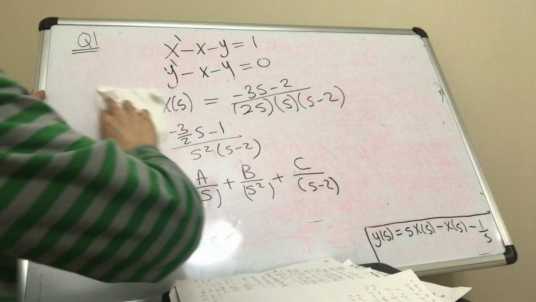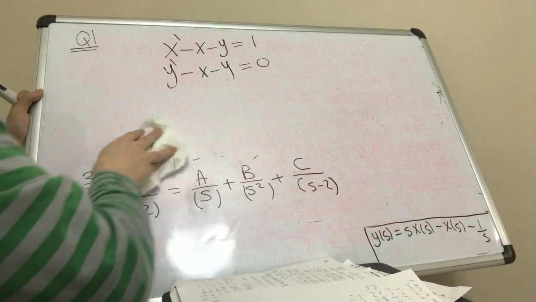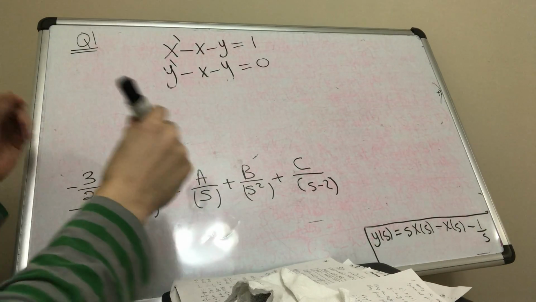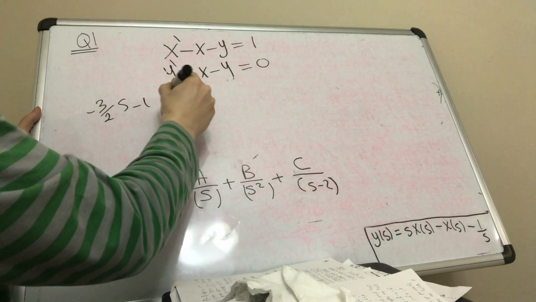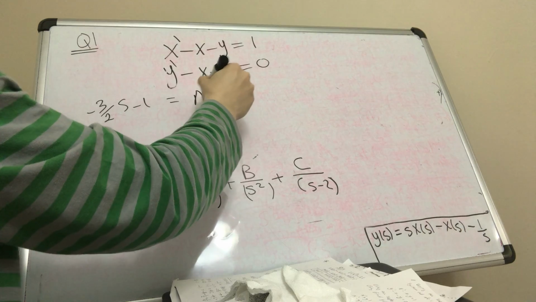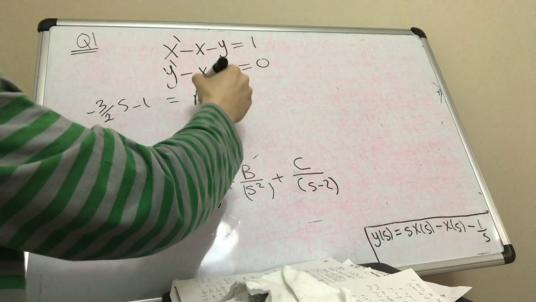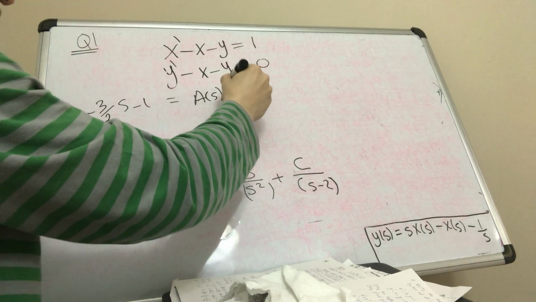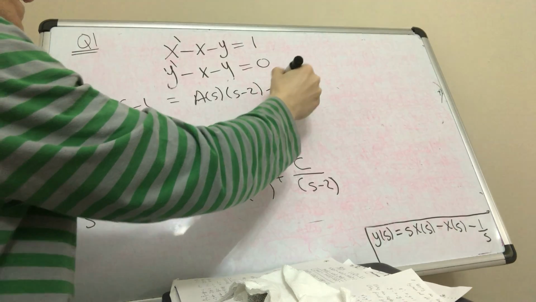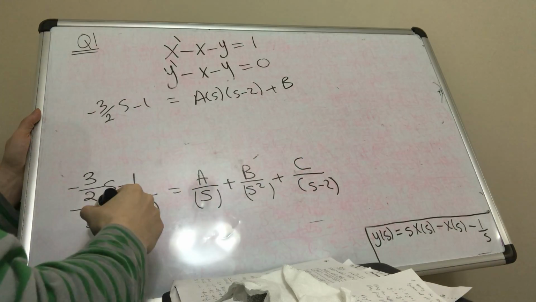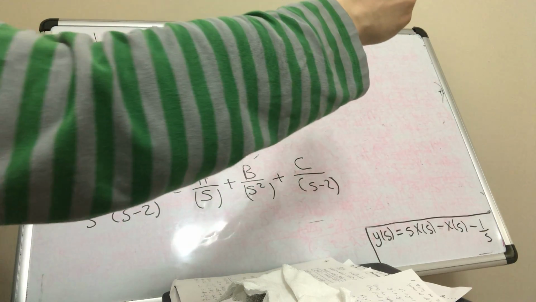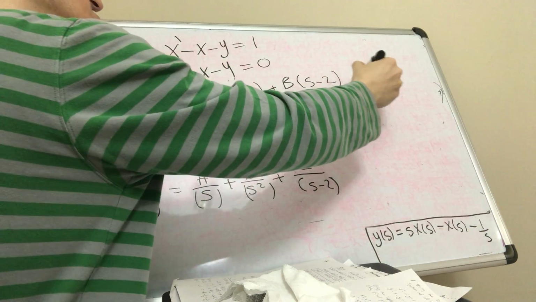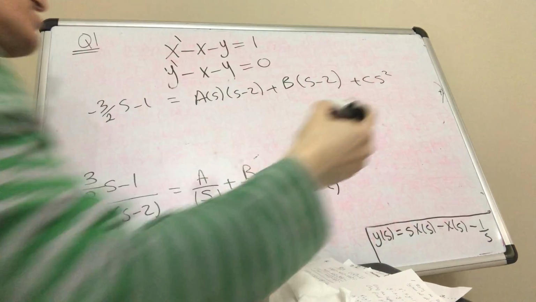Okay. A, to match this, needs another s and an s minus 2. B has the s squared, so it only needs s minus 2. And C only needs s squared.